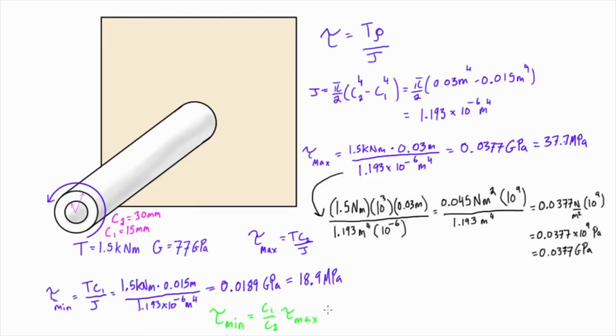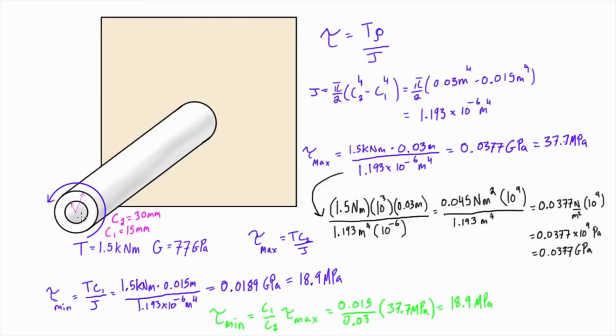We know the maximum shear, and we know C1 and C2: C1 is 0.015, C2 is 0.03, and the max shear was 37.7 MPa. If you run that, you get 18.9 MPa, which is exactly the same.